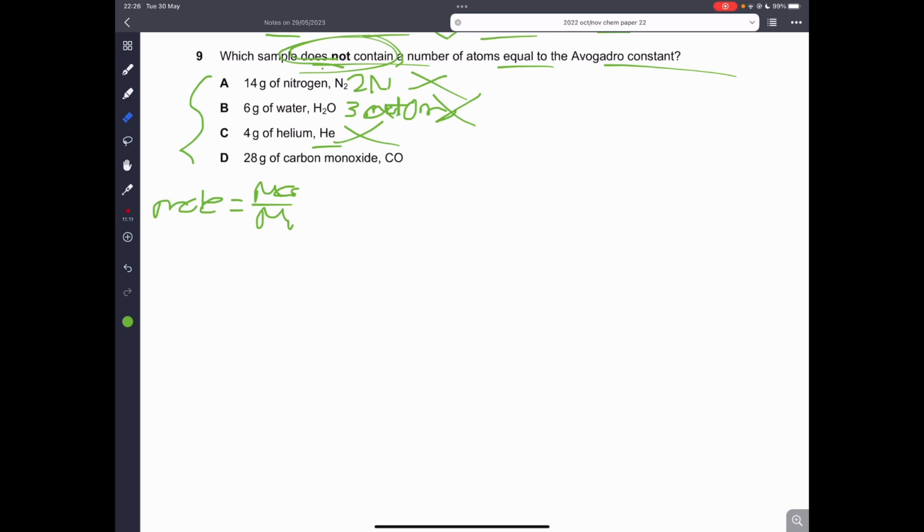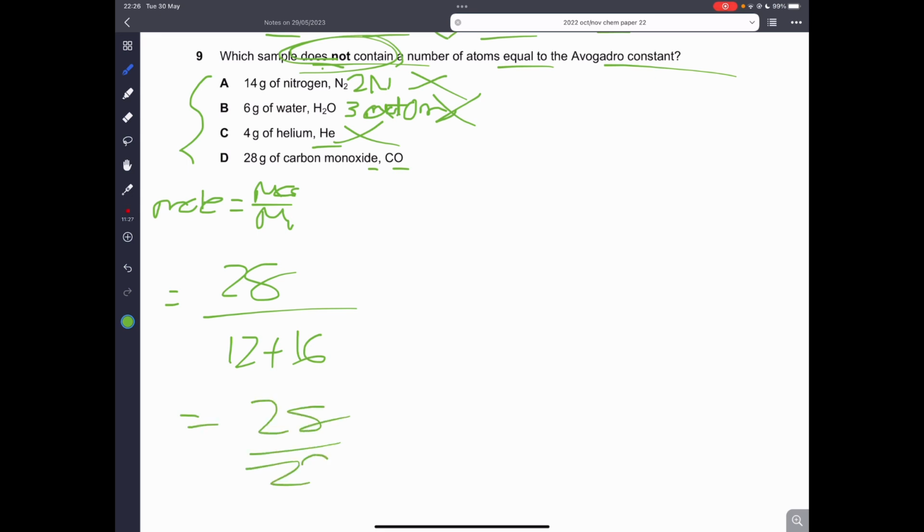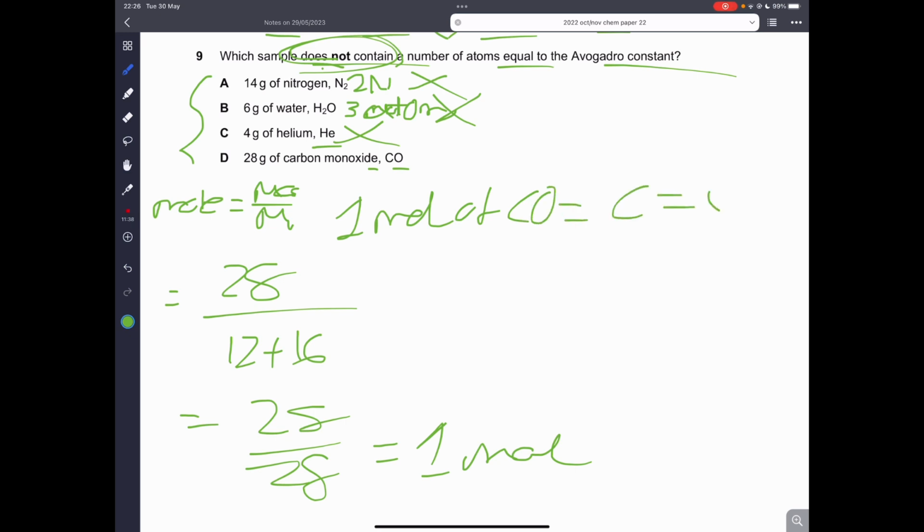So helium is not the answer. Now that leaves us with only D, but let's try out why it is D. 28 grams: carbon is 12, oxygen is 16, and we add them to get 28, divided by 28, which gives 1 mole. And this 1 mole of CO is made up of C and O, so 2 atoms.